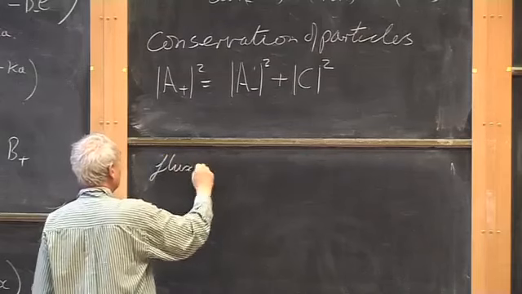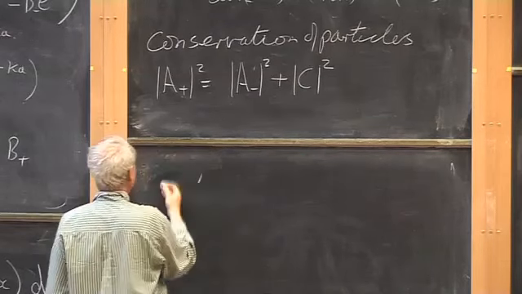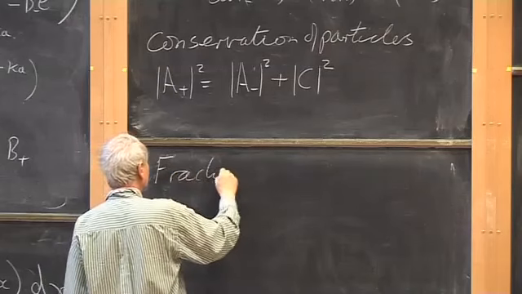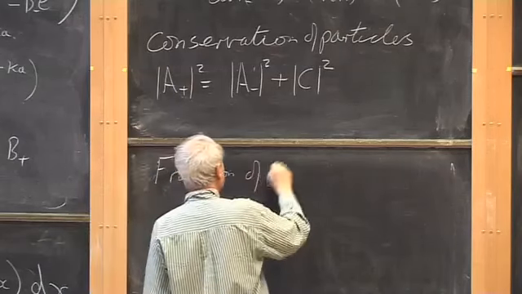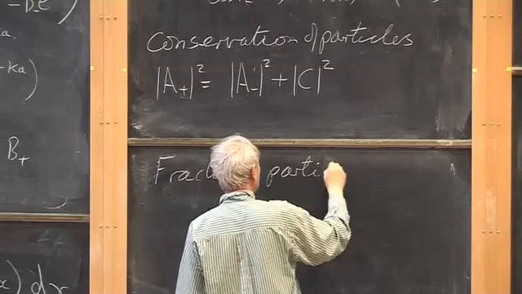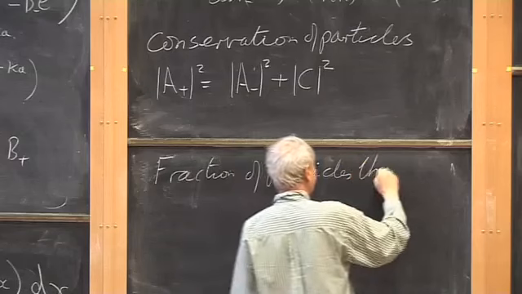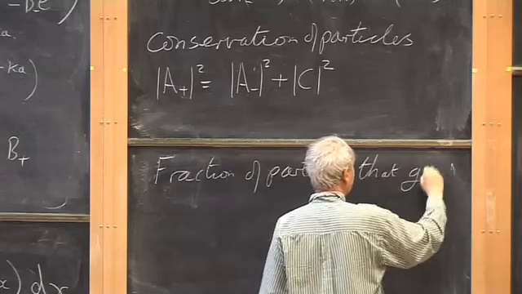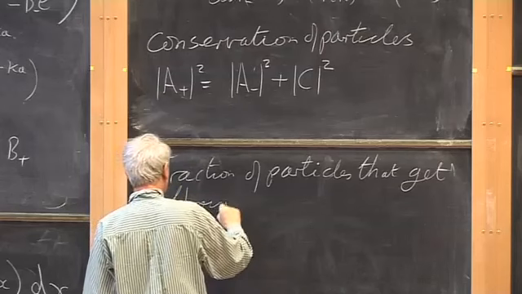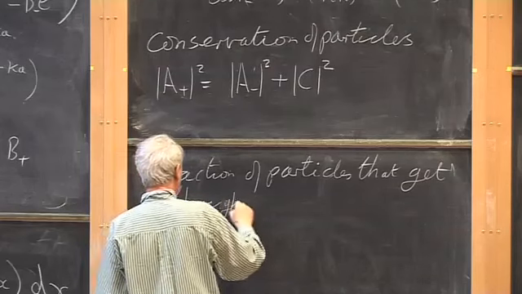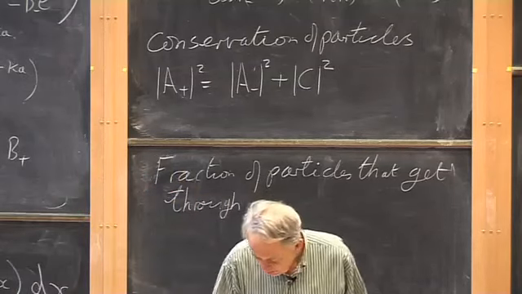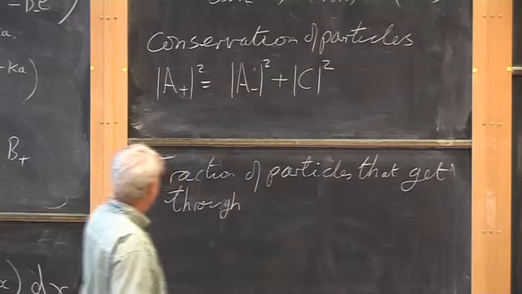So what we want to say is the following, actually: the fraction of particles that get through is obviously the ratio of the outgoing flux to the incoming flux.